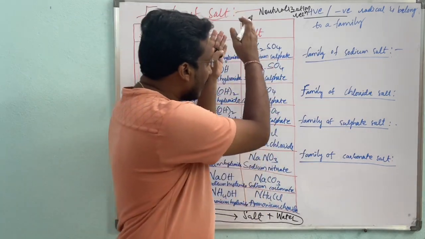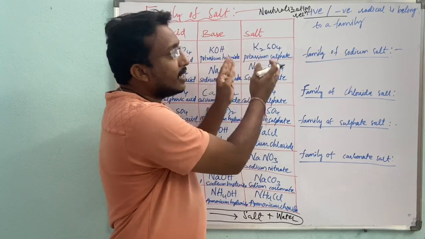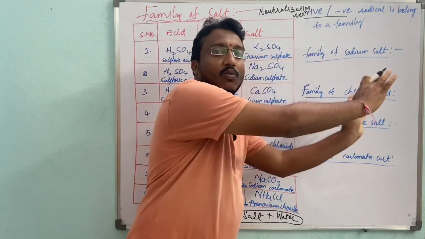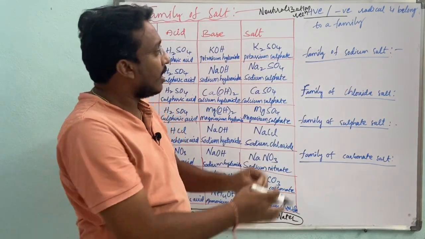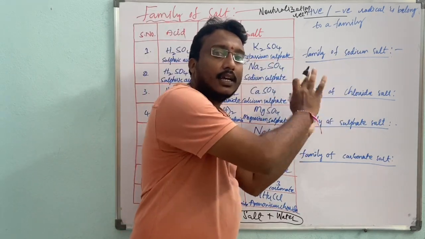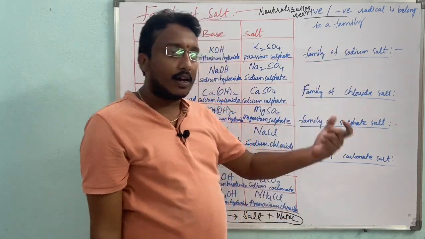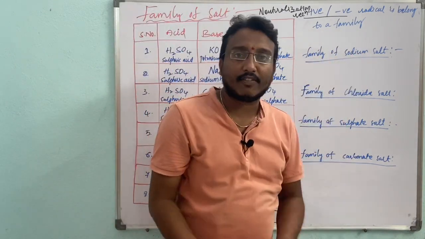In a given example, salts with a similar positive radical, or the same negative radical, all belong to one family. That way we can separate them into different families.